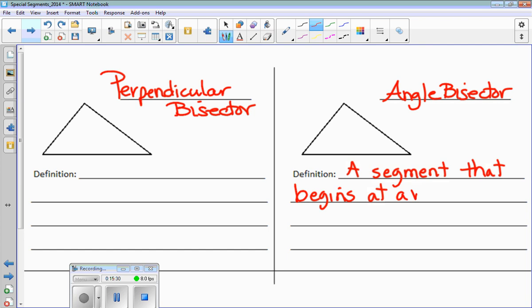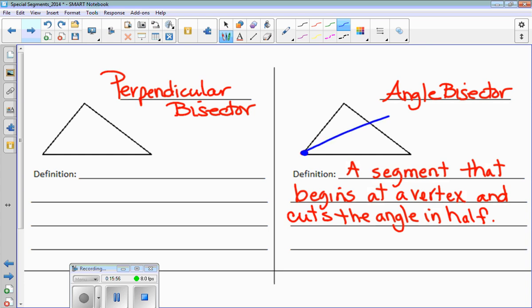So it begins at a vertex, and I hate to use the word bisect because it's in the definition, but what should we say instead of bisect? Cuts in half, that's fine. And cuts the angle in half. So we were going to draw it from here, let's say. I don't care what color it is as long as I know those two angles are congruent, right?